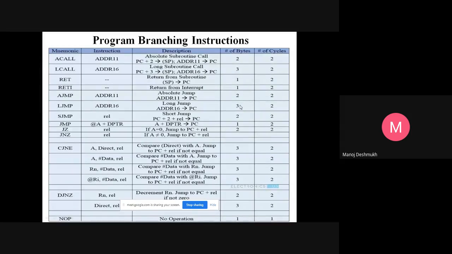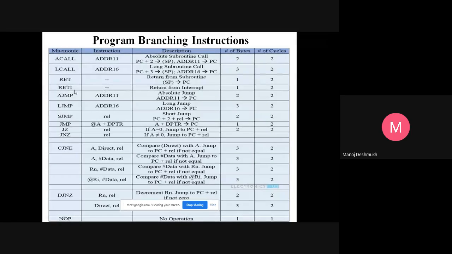So if you want to reduce it, go for AJMP. So mostly AJMP and ACALL are related to memory size up to 2 kilobytes, and LJMP is used for the complete memory available with the 8051, that is a maximum of 64 kilobytes.